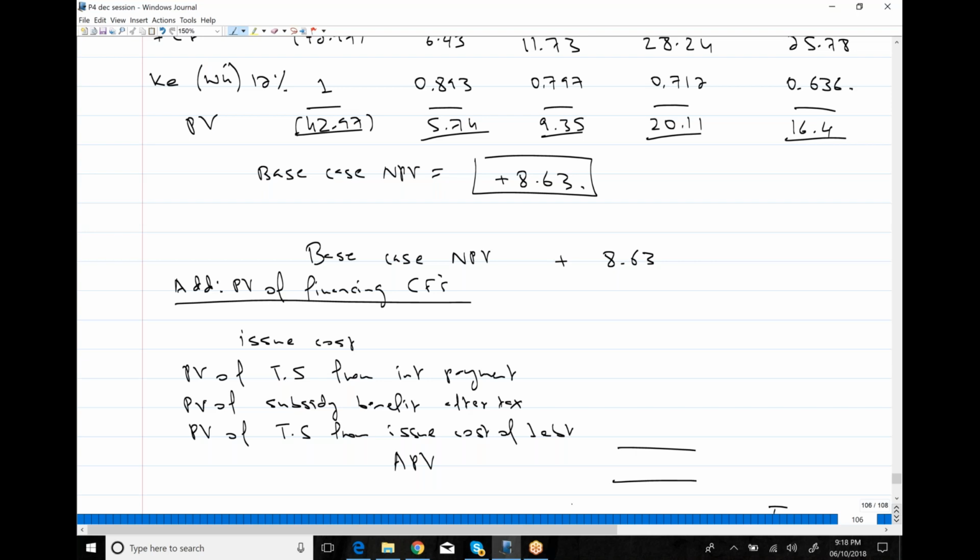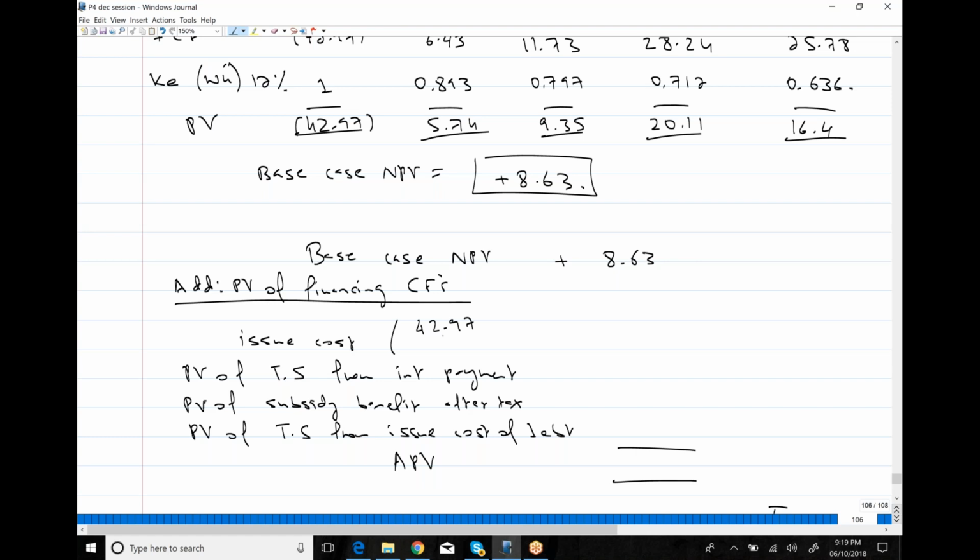So finance required for this project is, I told you, whatever you will invest in T0. So you will invest 42.97 in T0, right? For this project, I need an investment of 42.97. But will you raise a loan of 42.97?